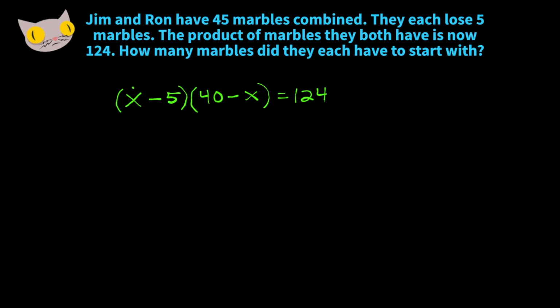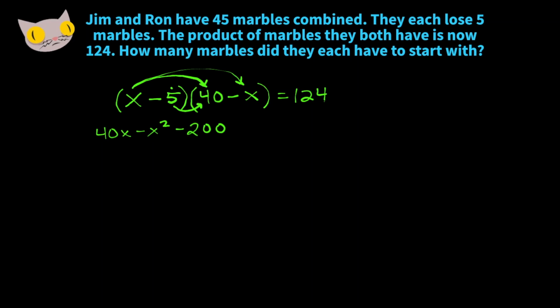So first we're going to multiply the first two numbers. That gives us 40x. Then we're going to multiply the two outermost numbers, x times negative x, that gives us negative x squared. The two innermost numbers, negative 5 times 40, that gives us negative 200.